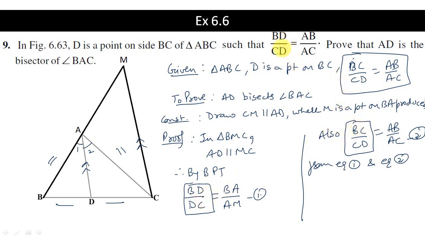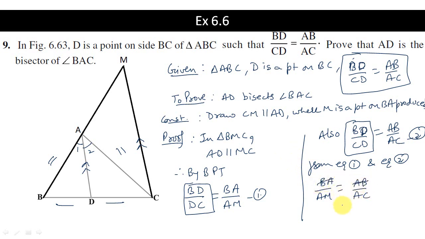So we are given that BD upon CD is equal to AB upon AC, and here also we have BD upon DC is equal to BA upon AM. So since both of them are equal to BD upon CD, we'll get BA upon AM is equal to AB upon AC.